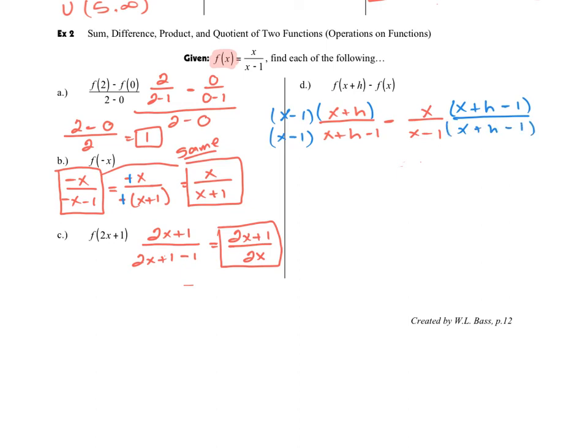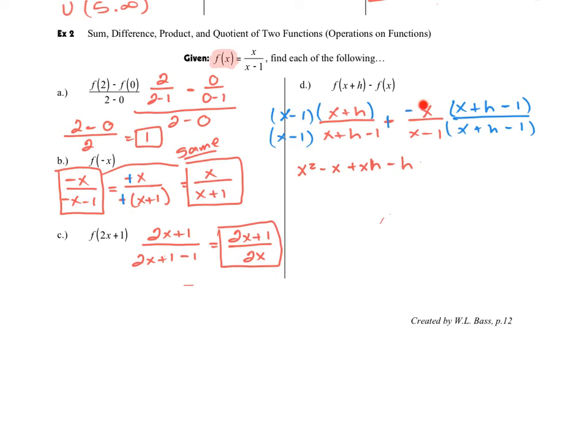Now, in our first fraction, we're going to FOIL these two terms. So we'll have an x squared, and we'll have a minus x, just foiling these, plus an xh, minus an h. The other thing I like to do is I like to change this to a plus, and I like to put that negative right there.